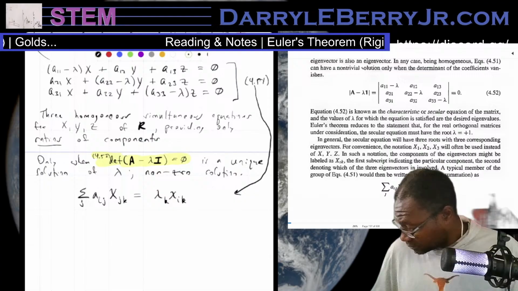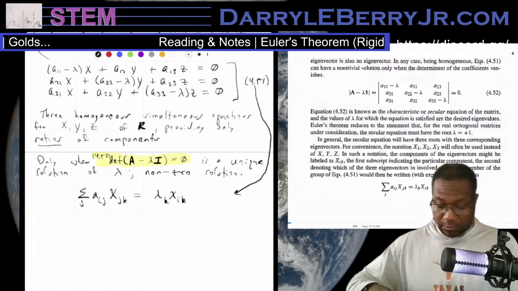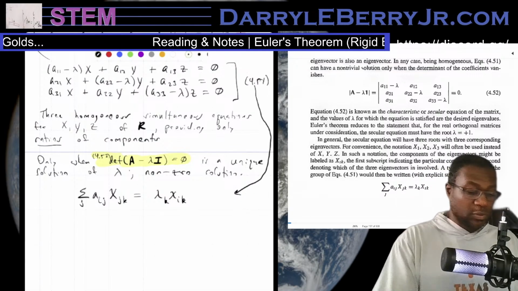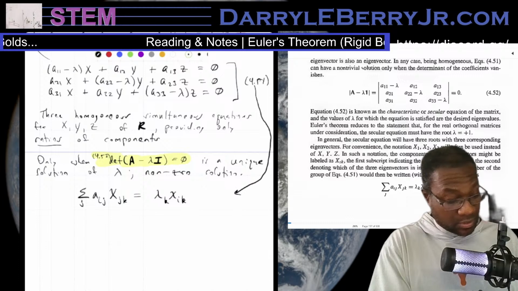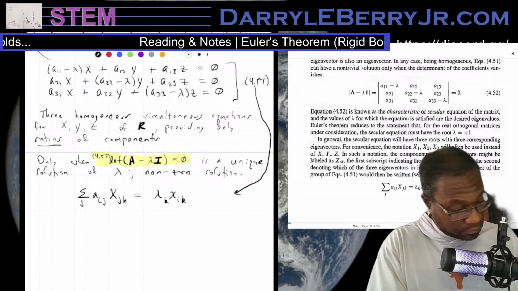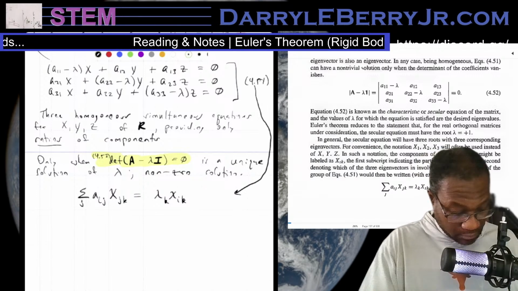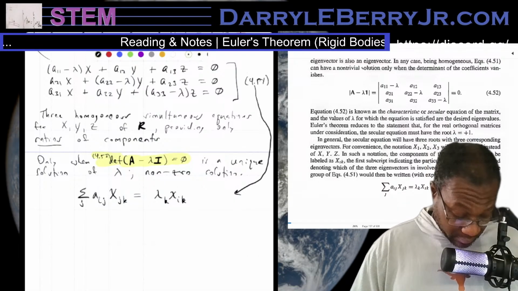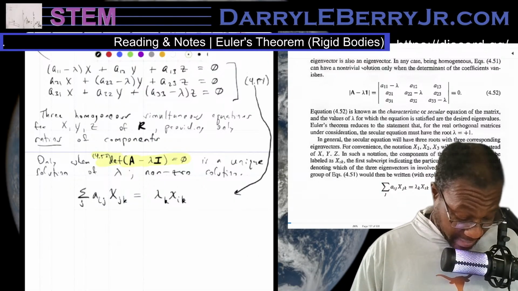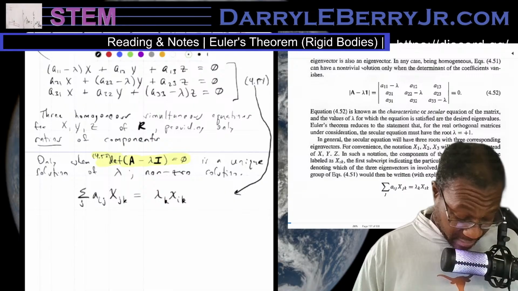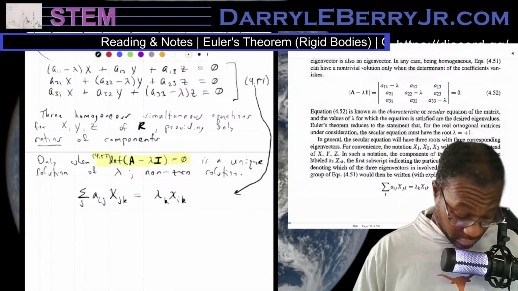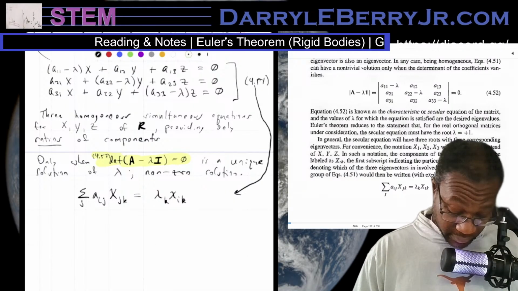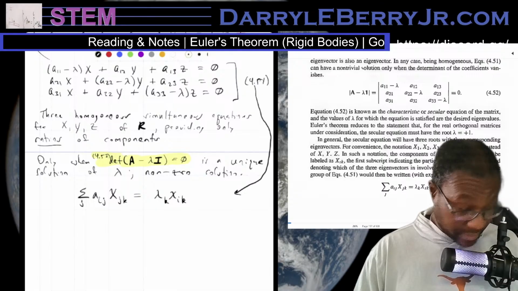And let me check the print version momentarily. Summation j of a_ij x_jk equals lambda_k x_ik.